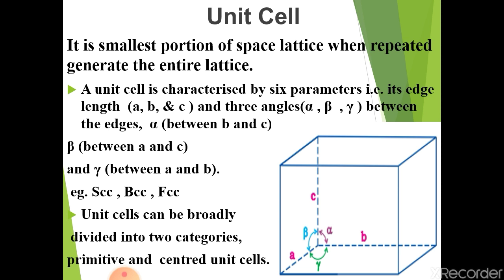Now, a unit cell is characterized by these 6 parameters, that is its edge lengths a, b, and c, and 3 angles alpha, beta, gamma between the edges. Alpha is the angle between b and c edges, beta is the angle between a and c edges, and gamma is the angle between a and b edges.